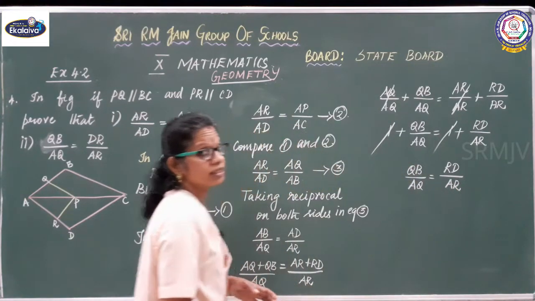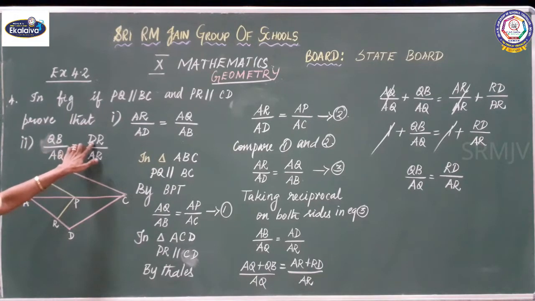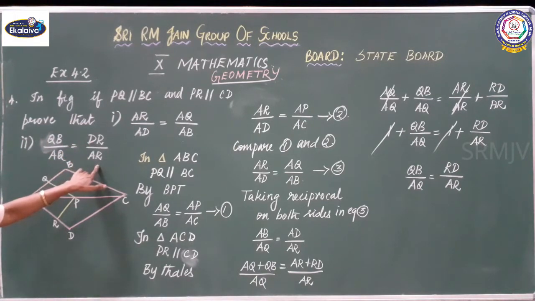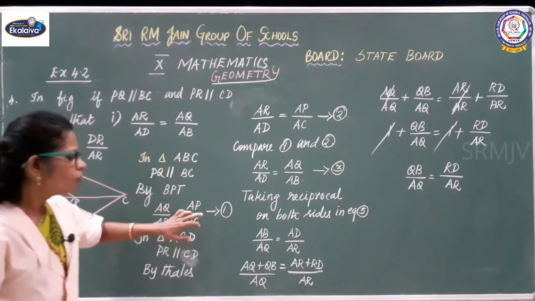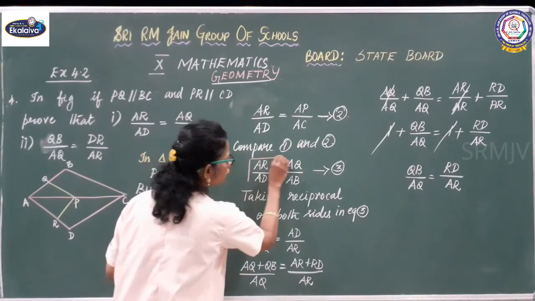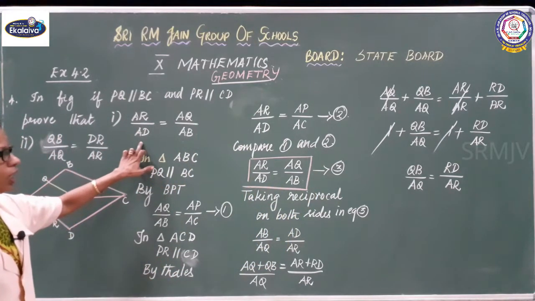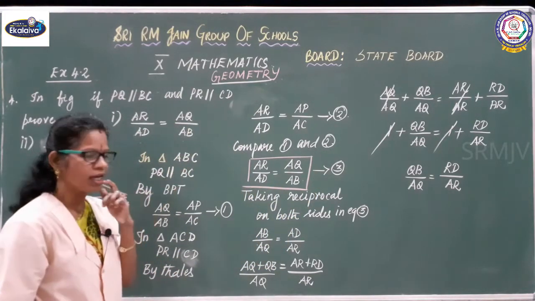What they are asking in the second subdivision is QB divided by AQ equals DR divided by AR. DR or RD, both represent the same meaning. Don't confuse yourself, children, right? The first result is AR by AD equals AQ by AB.